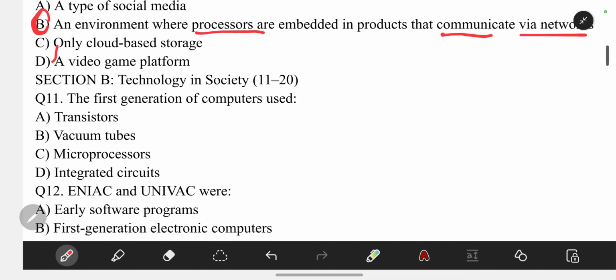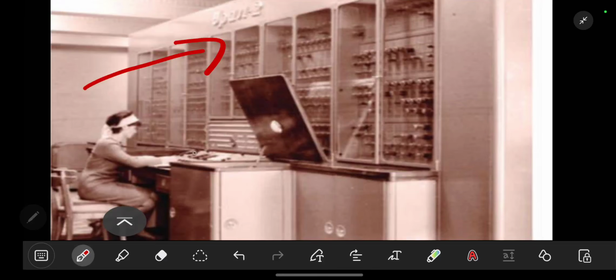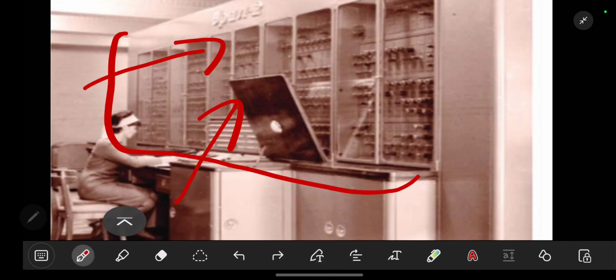The next question, which is our 11, the first generation of computers, these used vacuum tubes. So this is an example of the first generation of computers that used vacuum tubes. It was as large as this whole thing to produce many calculations such as addition and all that.